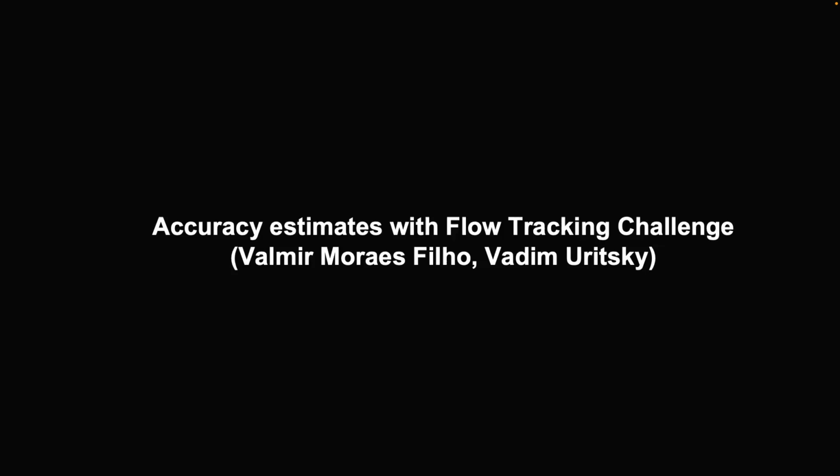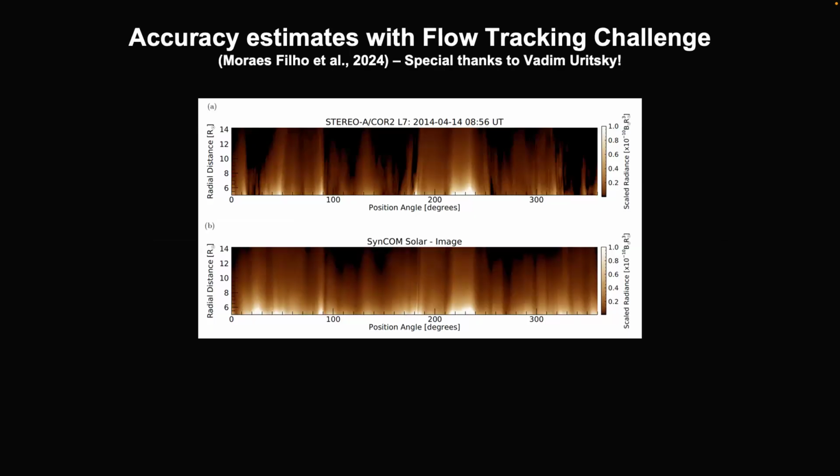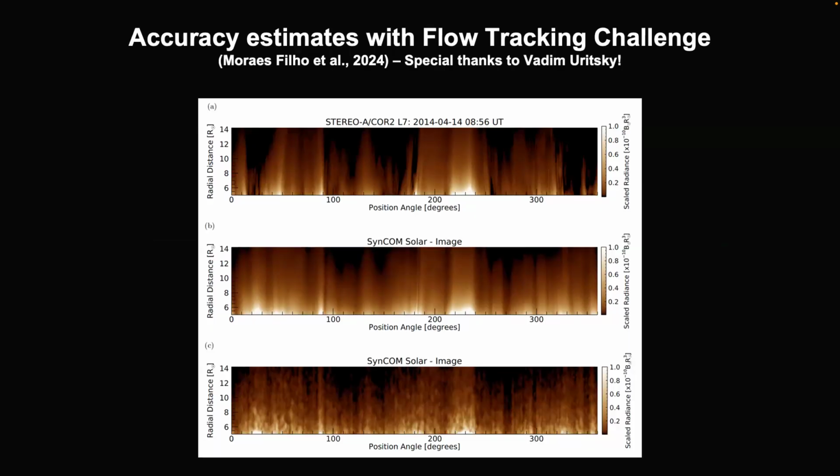And for estimating the accuracy, we have further help from an initiative that has been called the Flow Tracking Challenge, developed by Valmir Moresfilo and Vadim Iritsky. They provide synthetic imagery that has been built upon the statistical properties of the stereo imagery that you've seen before.